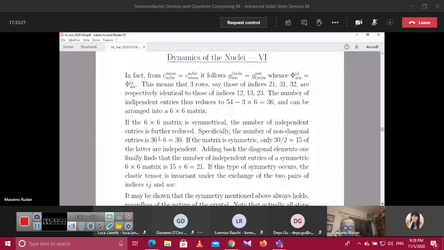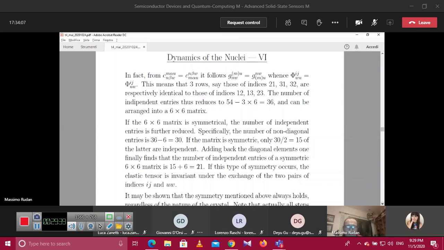And then we have the diagonal elements that add up. Okay, so actually we eliminate 15 out of the original 36 elements. That is, we have only 21 independent elements. So this reduction from the original large number of entries, that you remember was 81, to 21 has been done only thanks to the original symmetries of the elastic matrix.